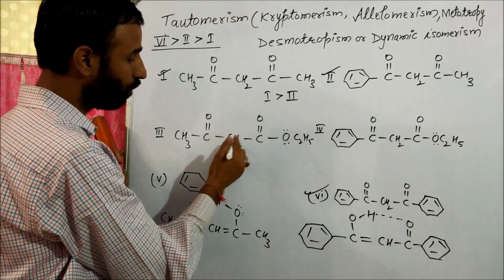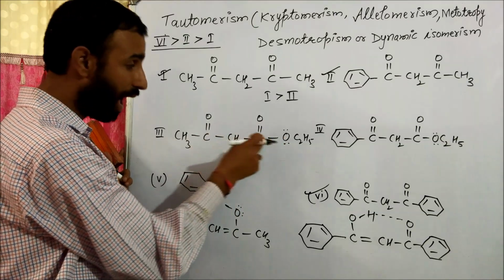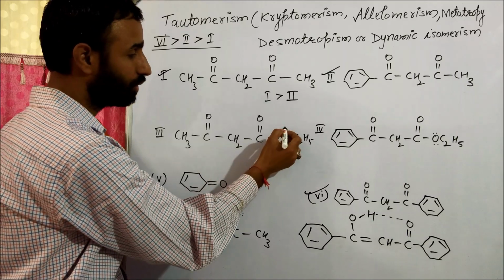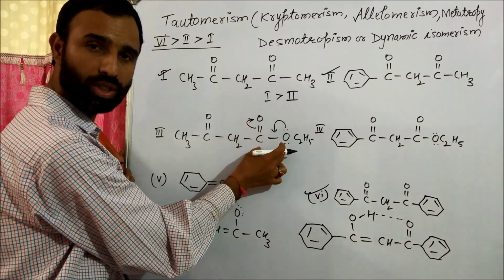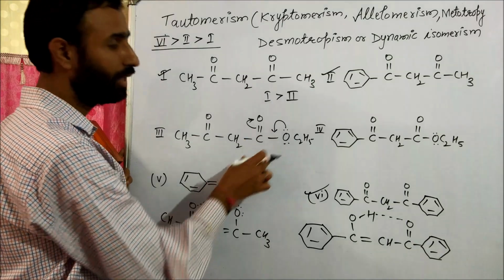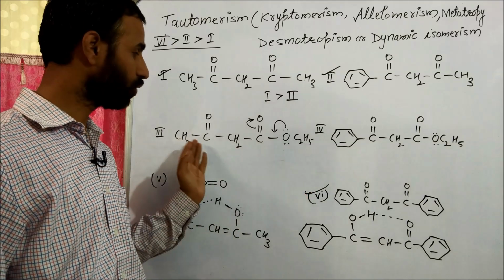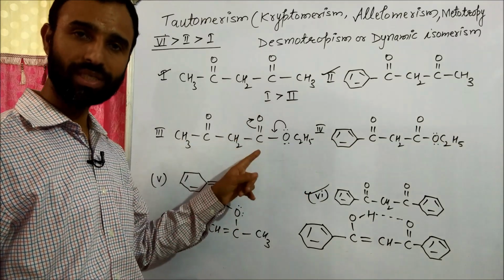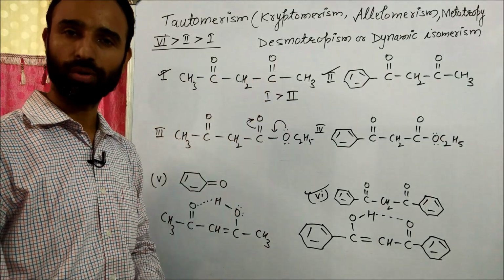CO group is involved in withdrawing electron from this carbon as well as from oxygen, because this lone pair and pi bond, this is in conjugation. That's why enol content of ethyl acetoacetate is always less than acetyl acetone.